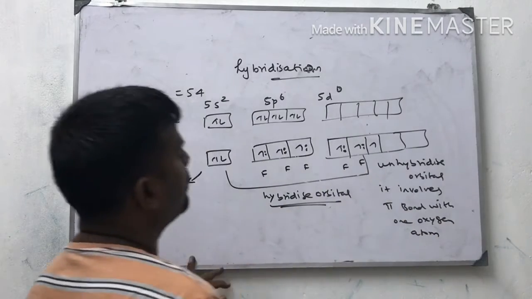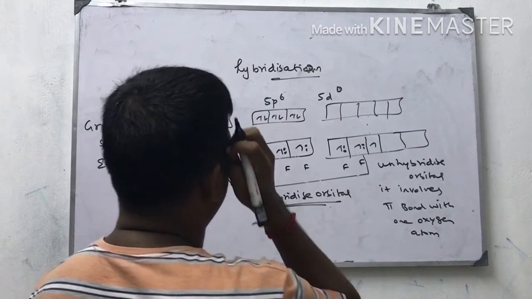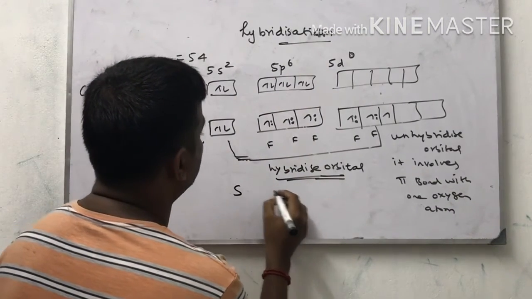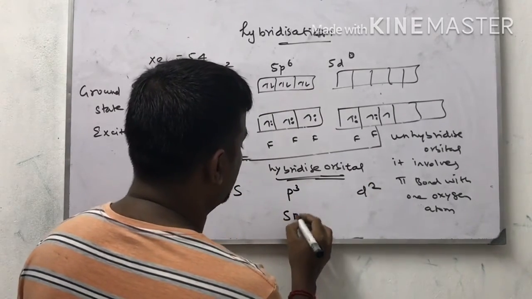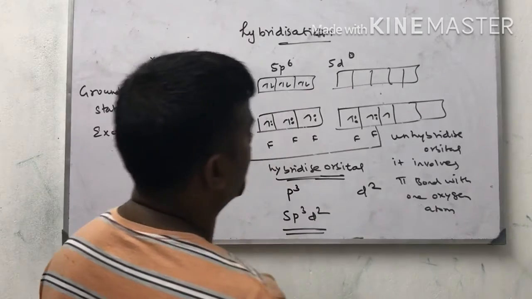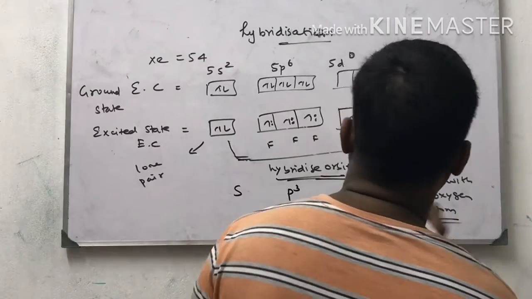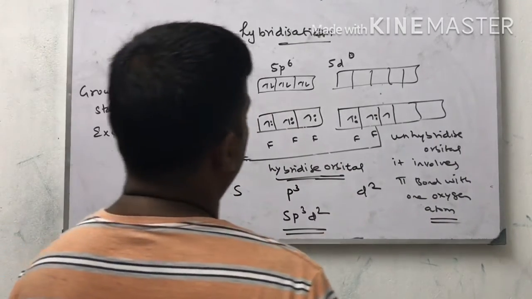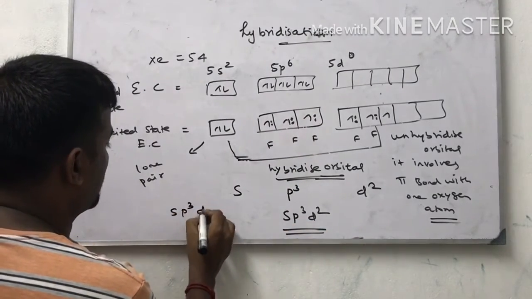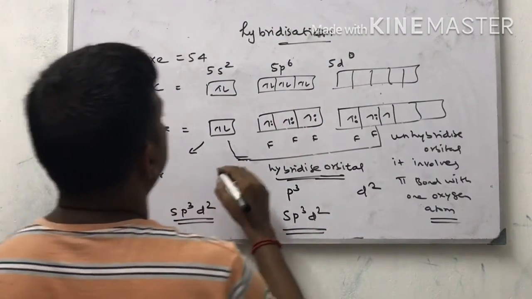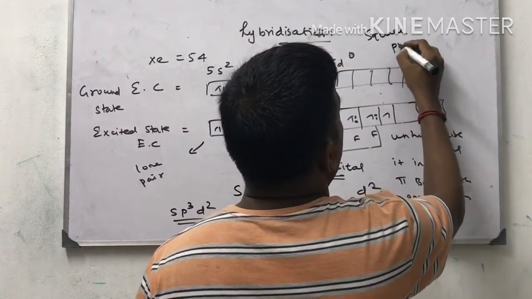So one s orbital, 3 p orbitals and 2 d orbitals: totally it is sp3d2 hybridization. The unhybridized orbital involves a pi bond with one oxygen atom. So the shape, as I already told you, is square pyramidal.